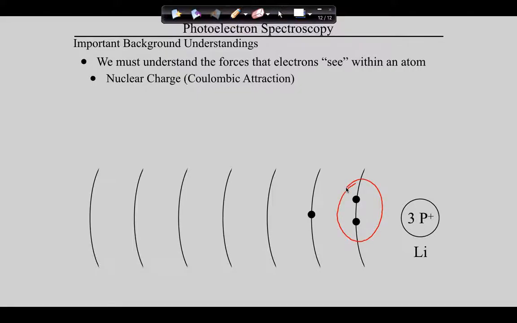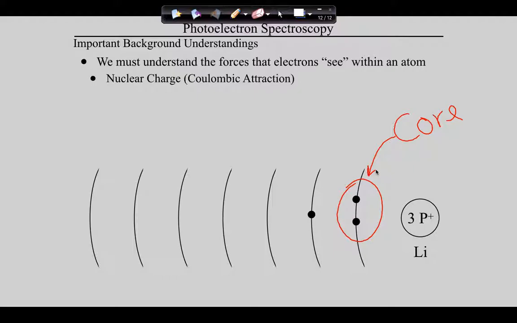These electrons right here are what are called core electrons. If that doesn't make sense, you may want to write it down. So guys, these are core electrons. What is true of the Coulomb attraction that these two first energy level electrons see in lithium as compared to helium? So are these electrons more tightly bound in helium or in lithium?